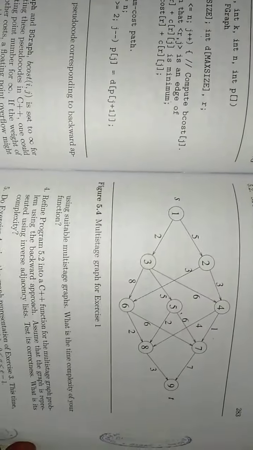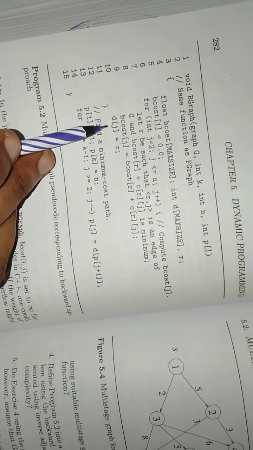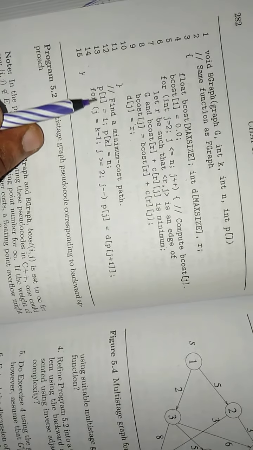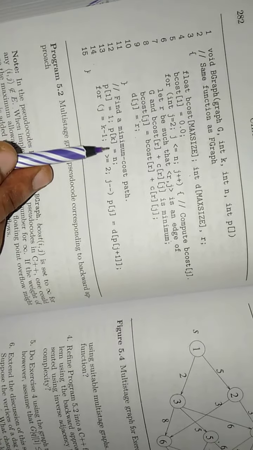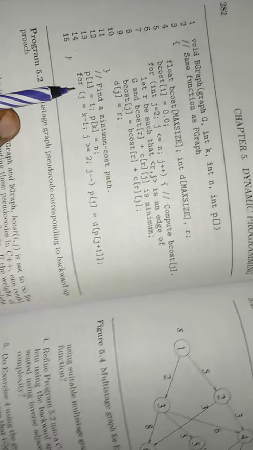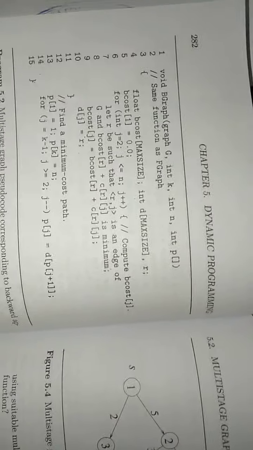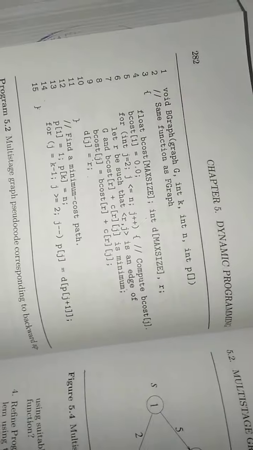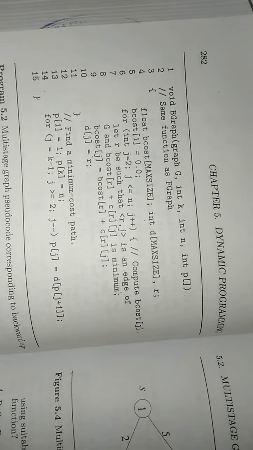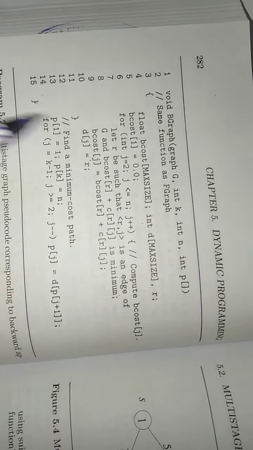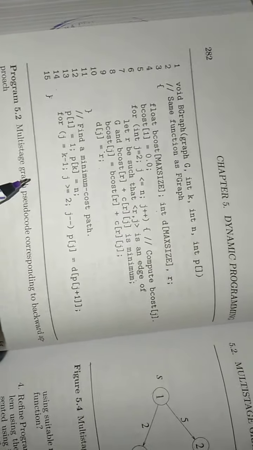That is what we are applying, the formula, and update the bcost, and d of j will be r. Similarly, the path values from 1 to all the vertices till n are computed by this for loop. So once you understand the forward approach, it is very easy to follow the backward approach, and just trace this algorithm for any one example, you will understand it better.